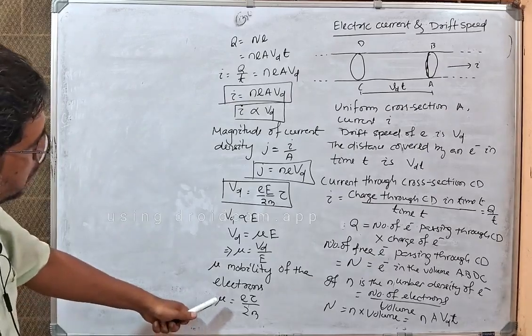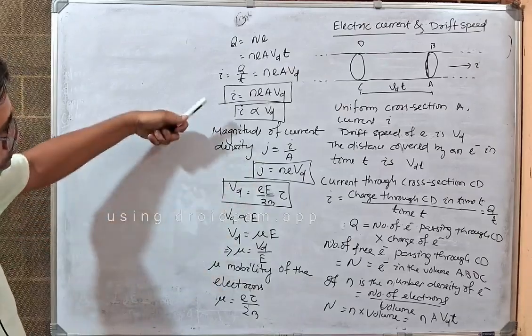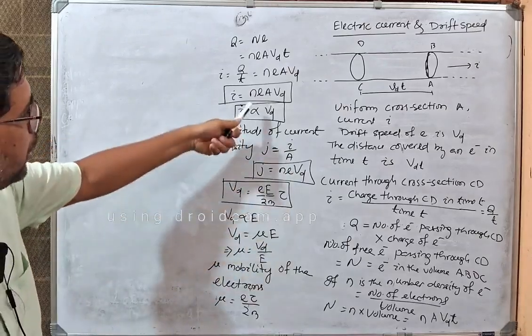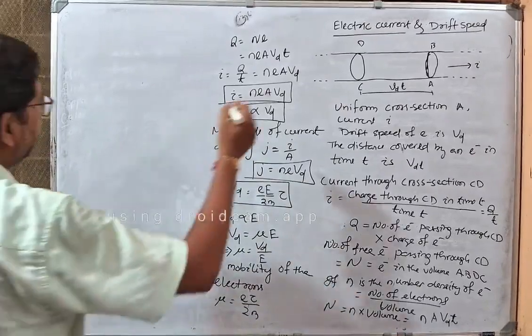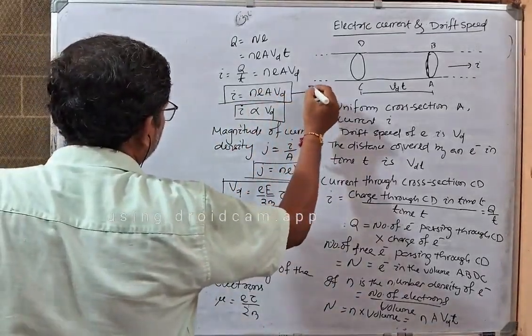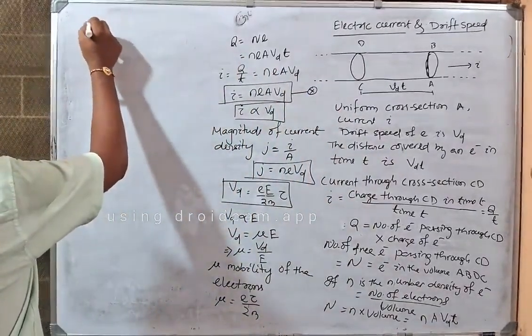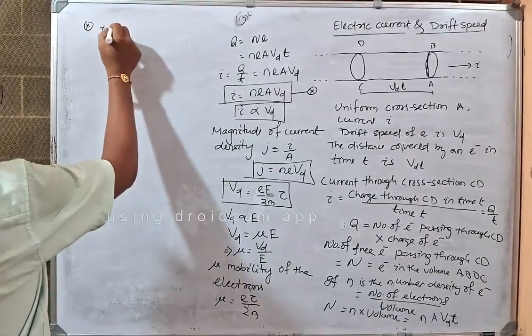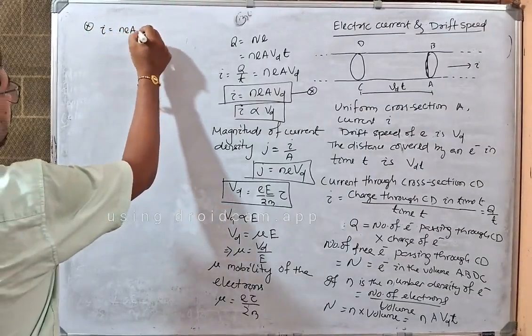If I use this relation here, vd is equal to mu E, from here, star, so I is equal to neA mu E.